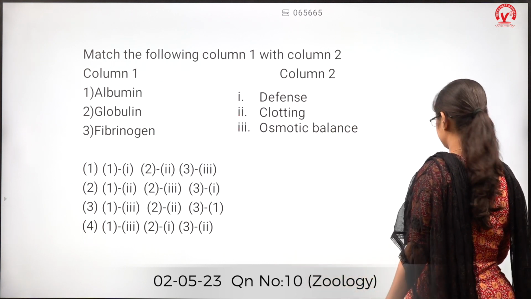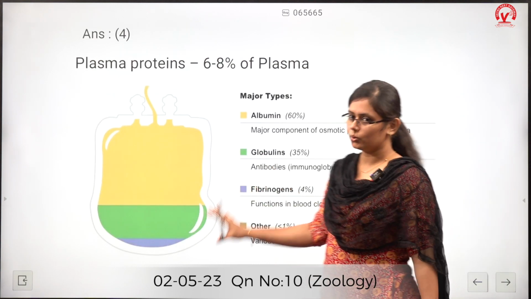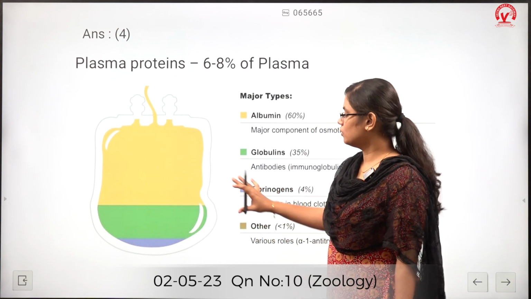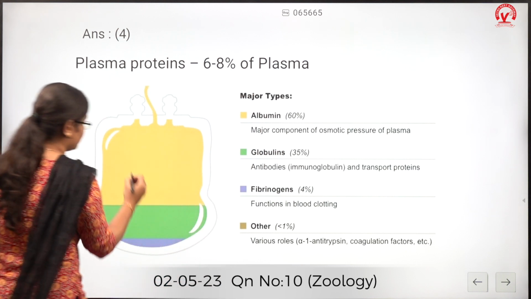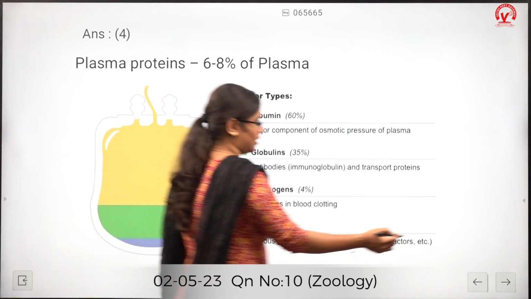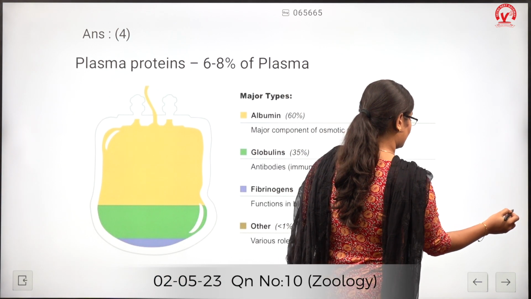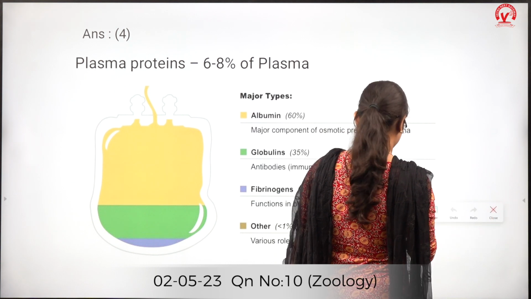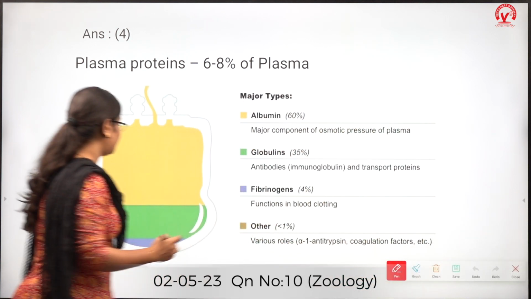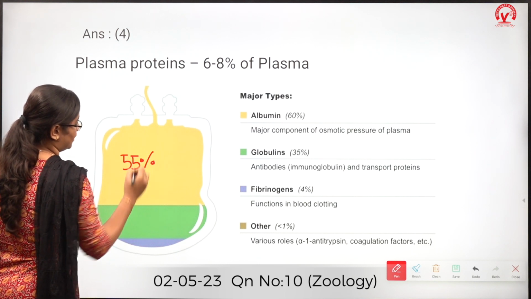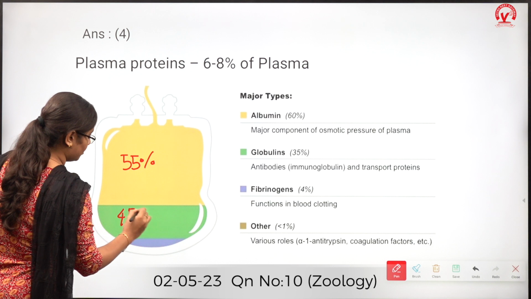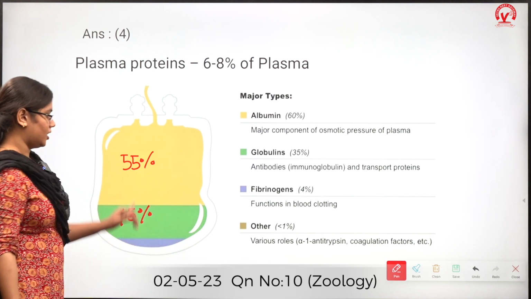Coming to the next slide. Here we all know that blood is divided into plasma and formed elements. The plasma contributes about 55% of the total volume of blood and formed elements contribute 45%.